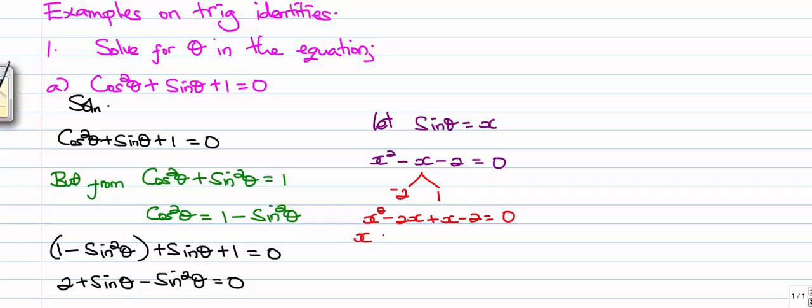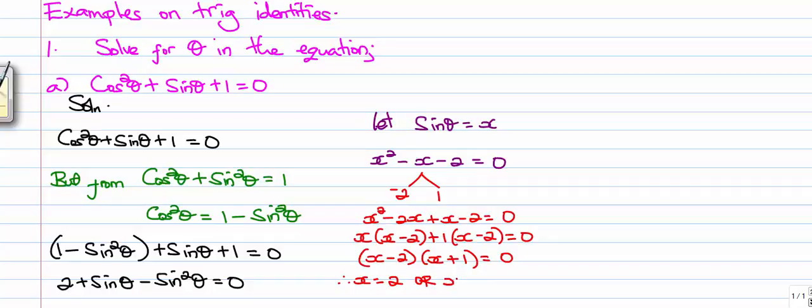And once you solve that quadratic equation by either synthetic division or long division, however, if I use my simpler method down here, I'll obtain the roots as x minus 2 equaling 0 and x plus 1 equal to 0, and my roots are 2 and negative 1.